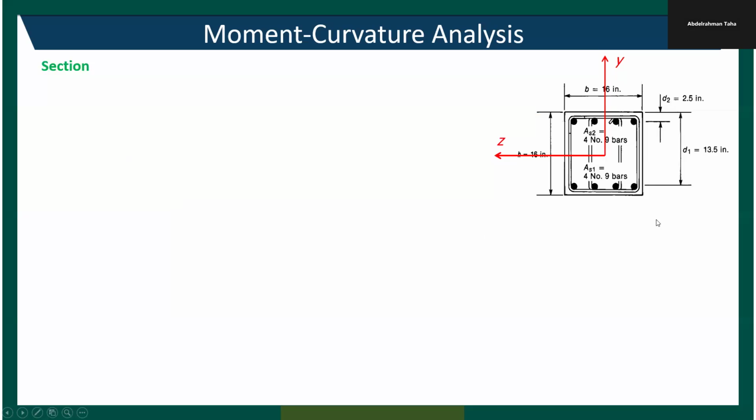Okay. So once we define the materials or material models, we can move on to defining the cross-section. This is the cross-section we're trying to simulate here. And to model this cross-section, we use the fiber section in OpenSees.